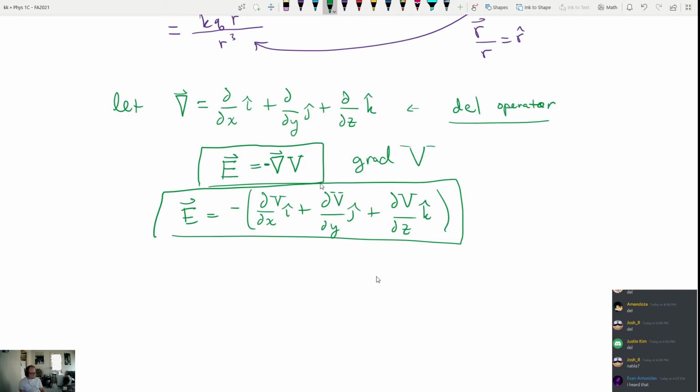Gradient of V. Okay. What does the gradient do? It tells you the direction of the greatest rate of change for your function.